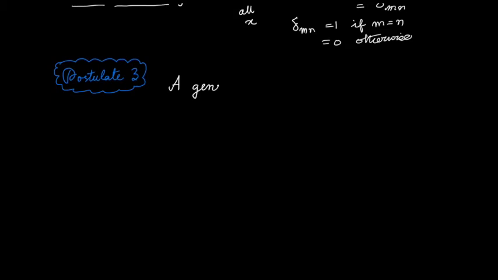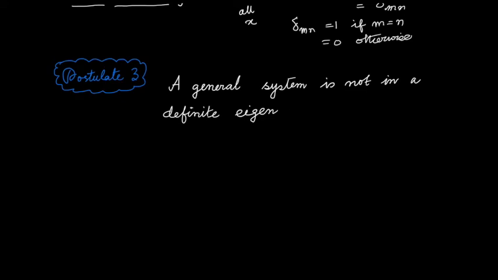A general system, remember the previous postulate we said that if the system has a definite eigenvalue, it's given by its eigenfunction, etc. A general system does not have, or is not in, a definite eigenstate of any operator.